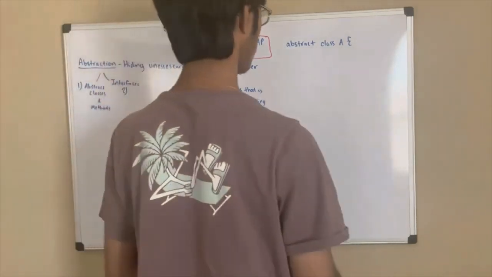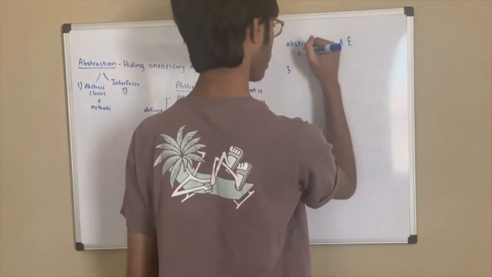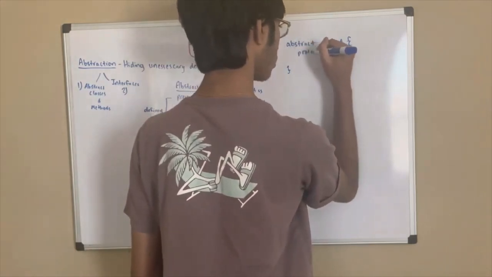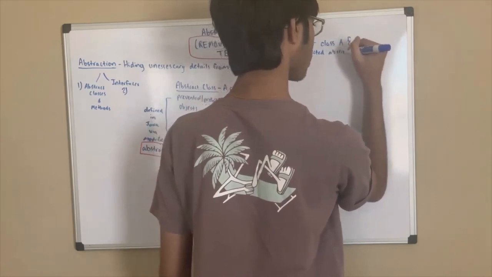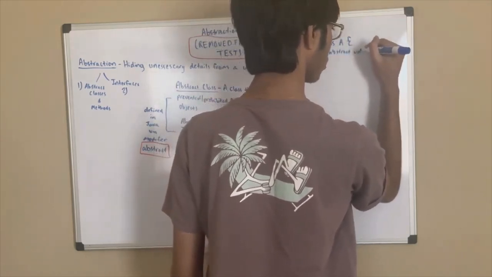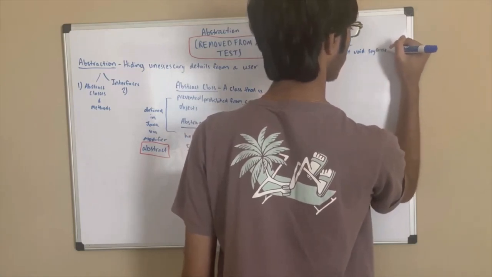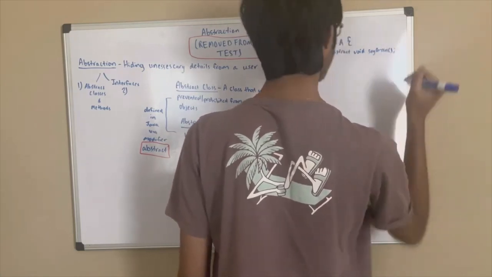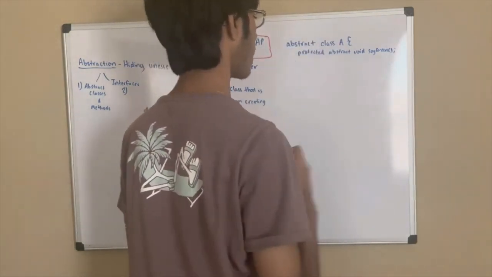So I can just say, I can make a protected, and then I can just have a normal method inside my abstract class.